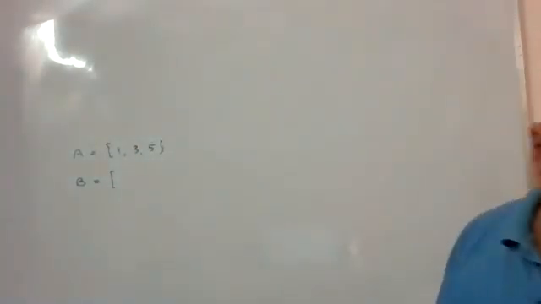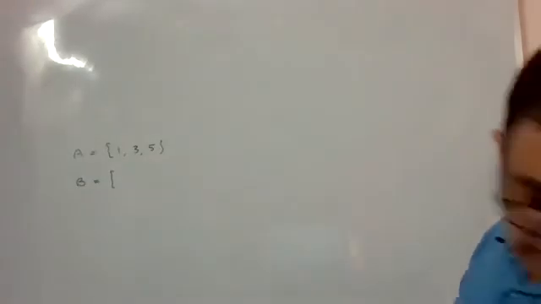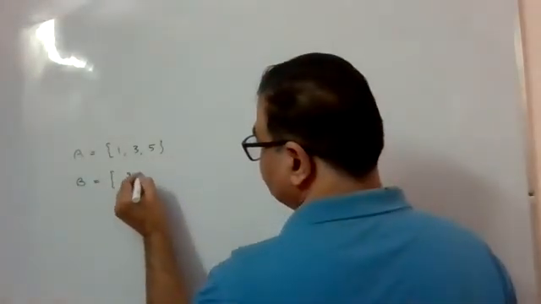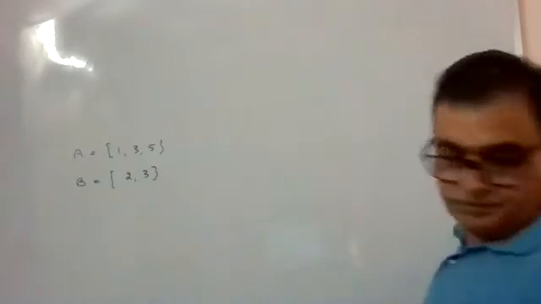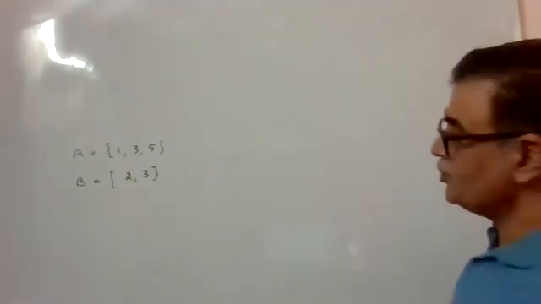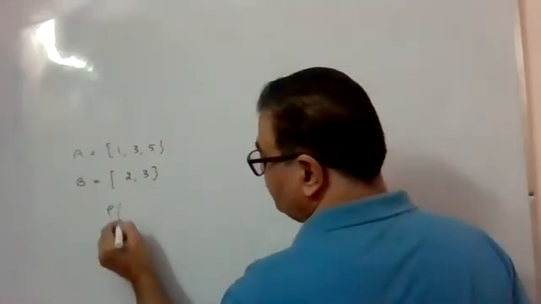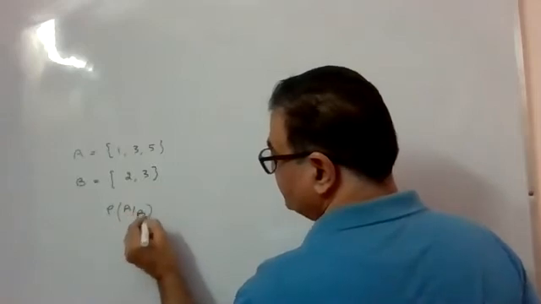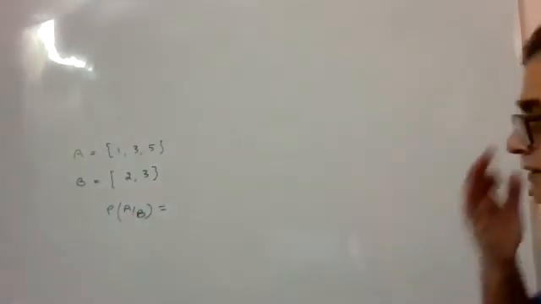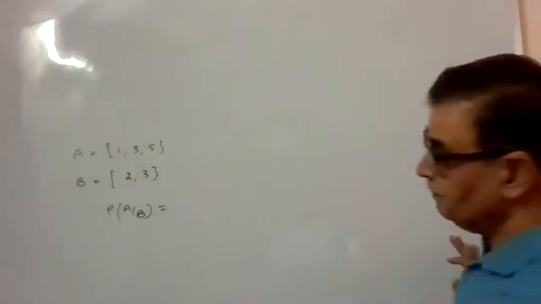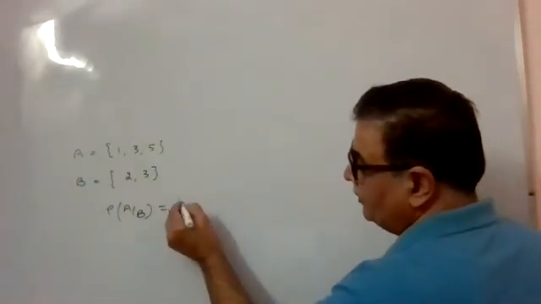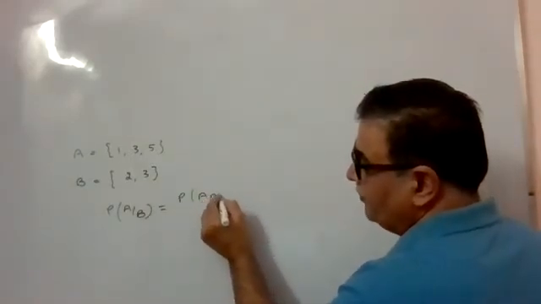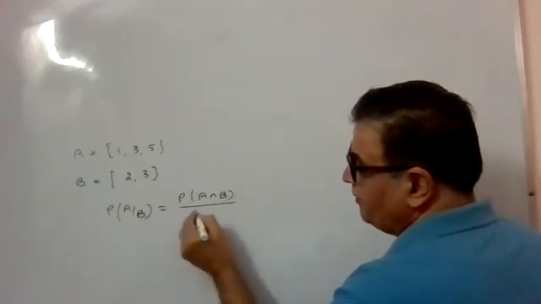Event B is 2, 3. My question is find out what is P(A|B). ये आपको निकालना है. P(A|B) और यहाँ हमारे पास इसका फॉर्मूला हमें मालूम है P(A intersection B) by P(B).